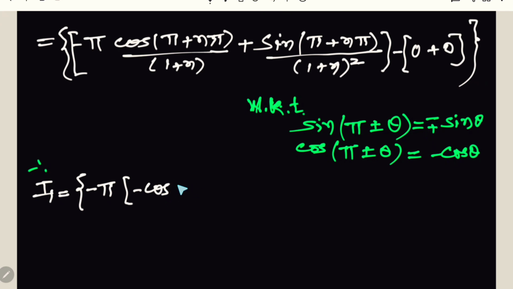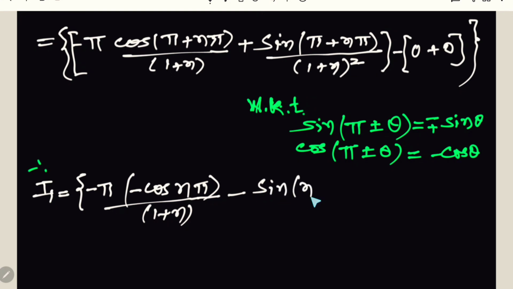Calculation must be error free, then only we are getting the correct answer. And whole divided by 1 plus n. And sine pi plus theta is minus sine theta, means it is minus sine n pi whole divided by 1 plus n whole square.